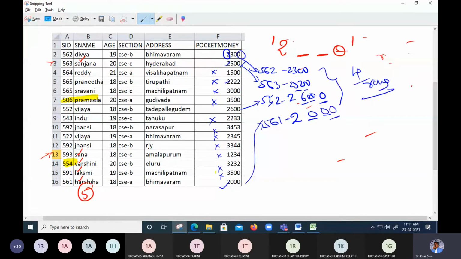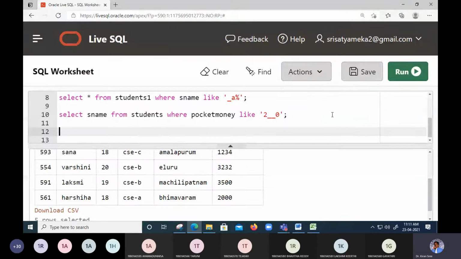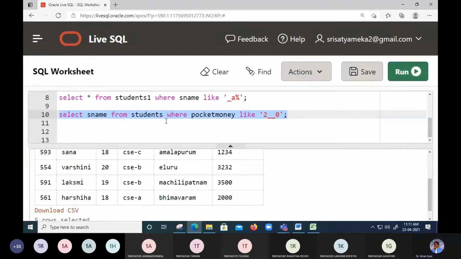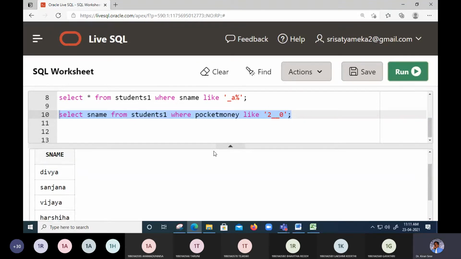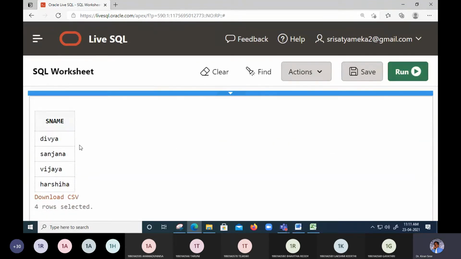We should expect 4 in the database. So check whether the answer is going to occur or not. So run this. We got 4 records. I think you can see the answer, right? Divya, Sanjana, Vijaya, and Harshita.